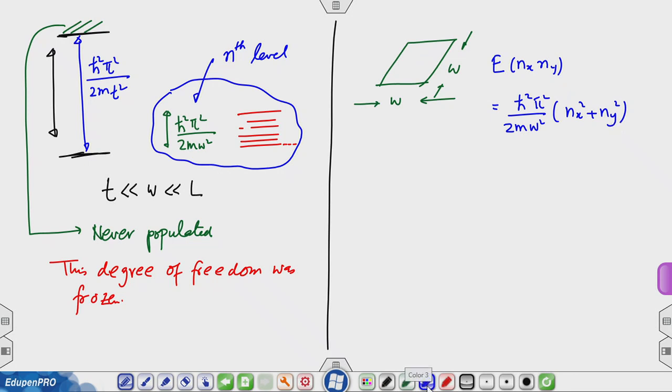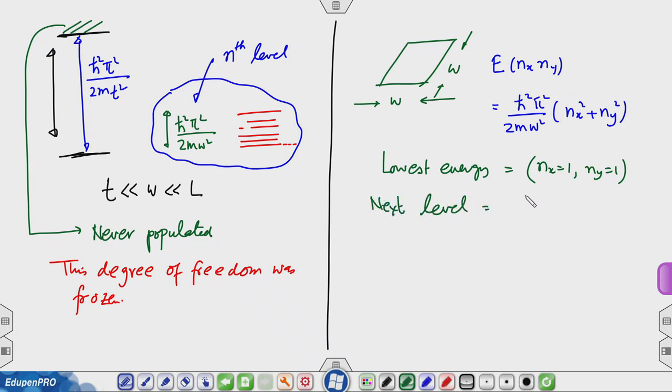So, you have these energy bands. The lowest energy is n x equals 1 and n y equals 1. Next level, there are two of them, n x equals 1 and n y equals 2, or n x equals 2 and n y equals 1.